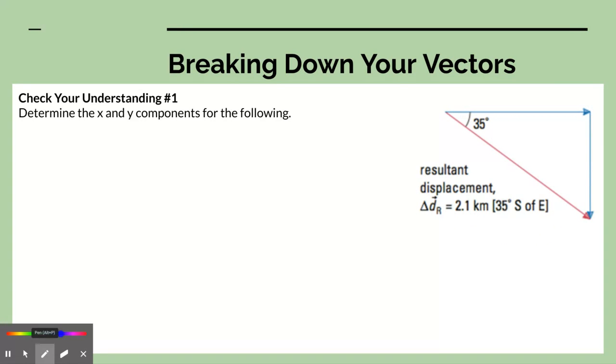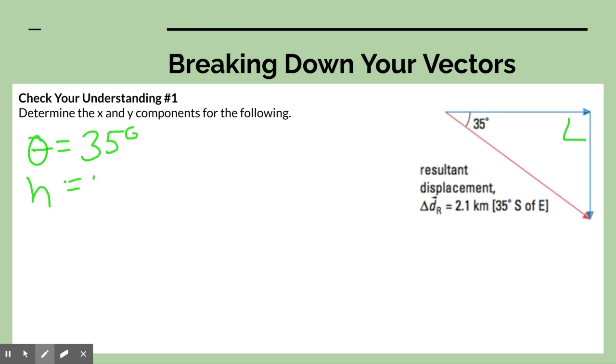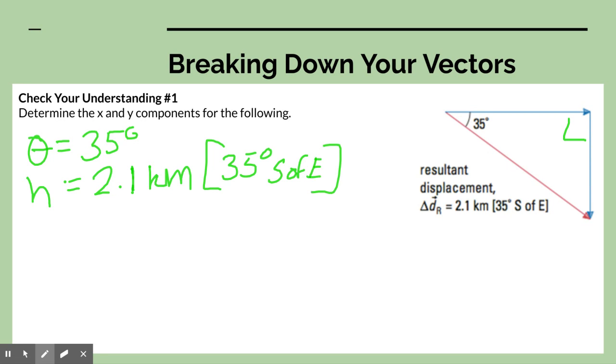So determine the x and y components of the following. Let's write down what we know and what we don't know. We've got a theta of 35 degrees, and it looks like we've got our displacement here, the hypotenuse of this right triangle. The displacement or the hypotenuse here, I'm going to write h, is 2.1 kilometers, and it says 35 degrees south of east. So we've got to find the x and y.